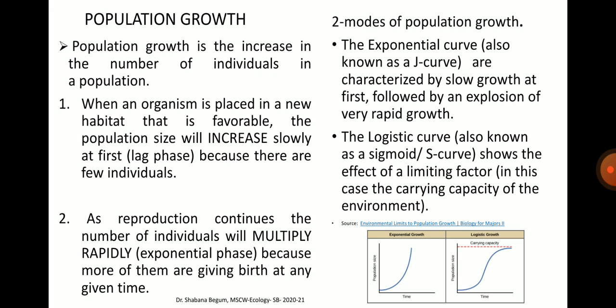The second is the logistic curve, also known as the sigmoid or S curve, which shows the effect of a limiting factor. In this particular slide, the first graph represents the J curve, while the second represents the S curve, that is, the exponential growth and the logistic growth of population.